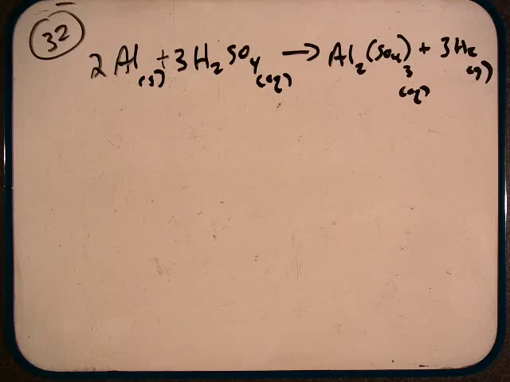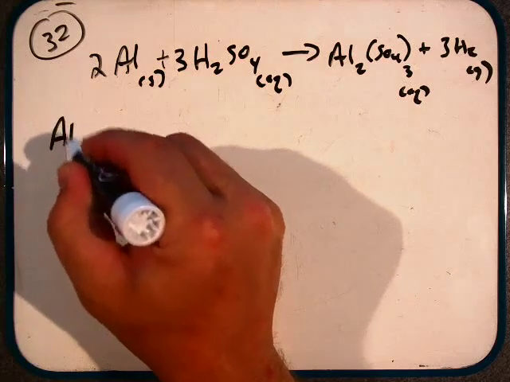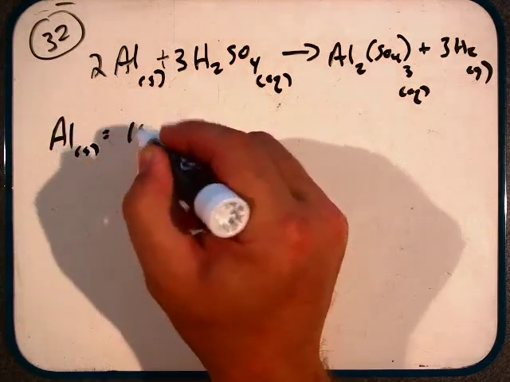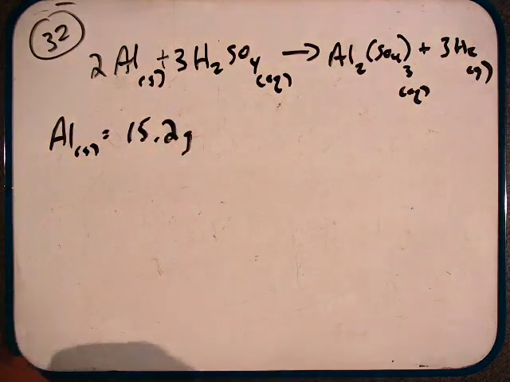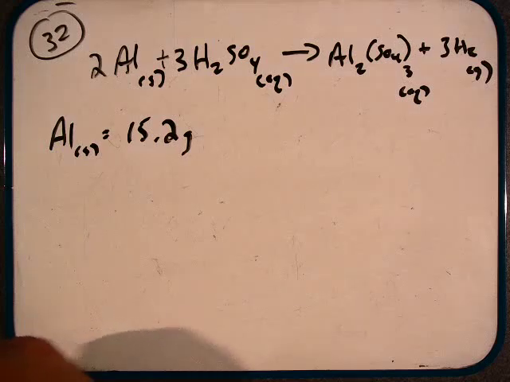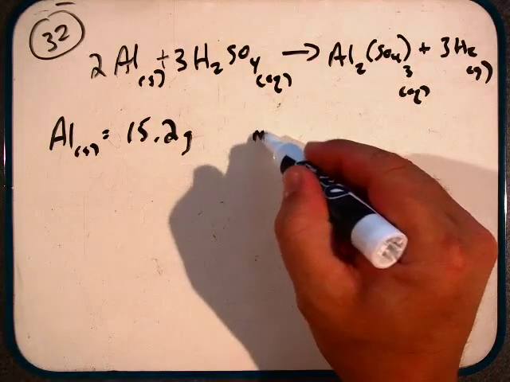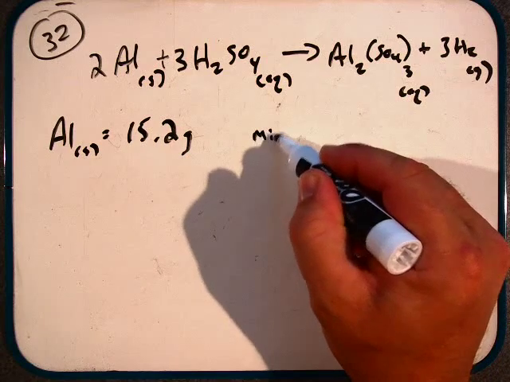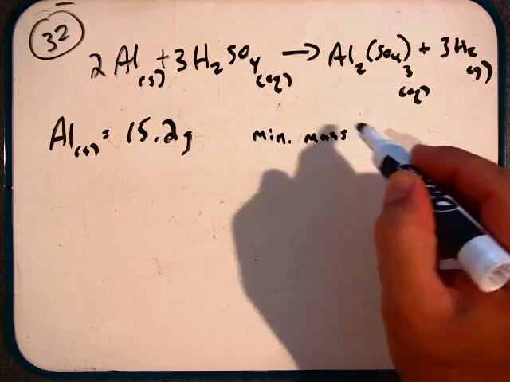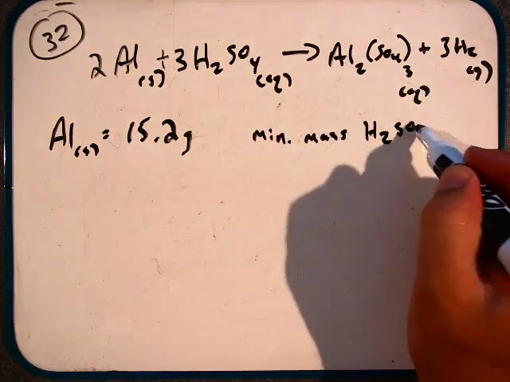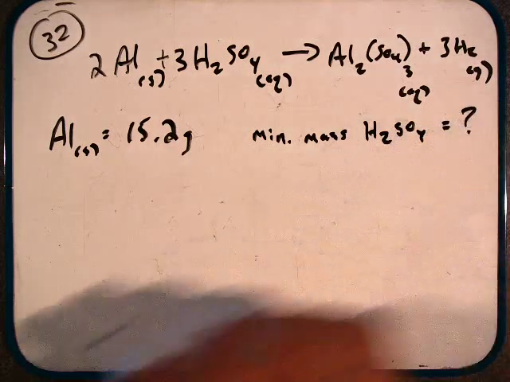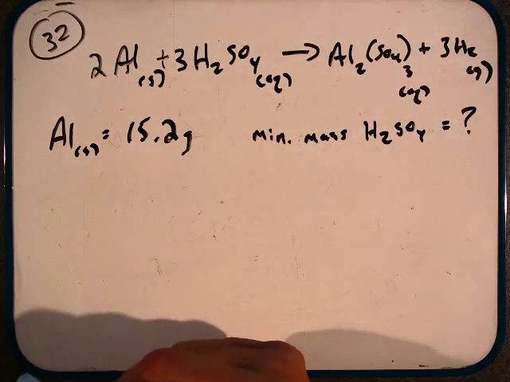in the chemical reaction. And so it says we want to dissolve an aluminum block, and this aluminum block has a mass of 15.2 grams. And the question is asking us, what is the minimum mass of sulfuric acid to cause the aluminum to dissolve?